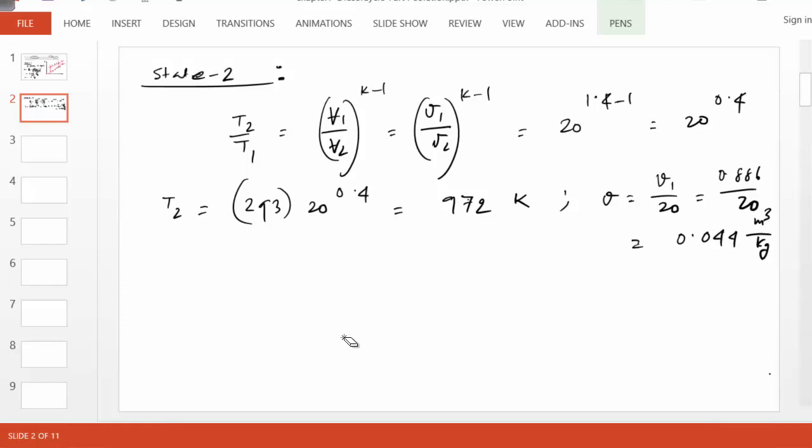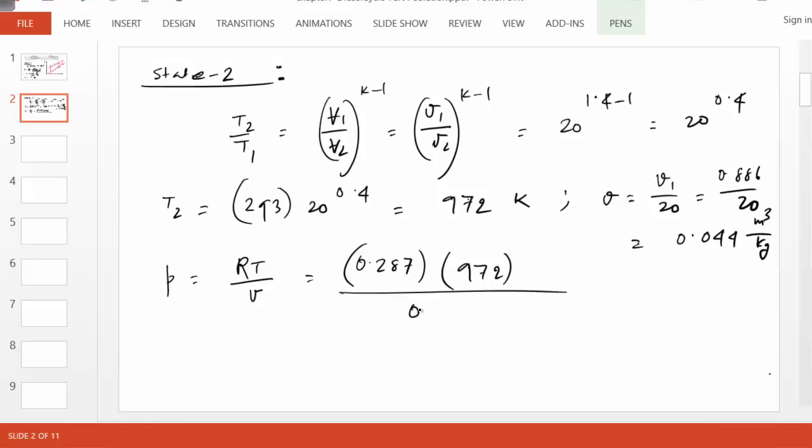We know the temperature now, and to find the pressure, we can always use PV equals RT. Temperature is known, 972. The specific volume we just found, 0.044, and that gives us a pressure of 6303 kPa, large pressure.